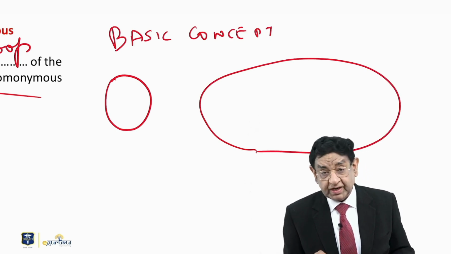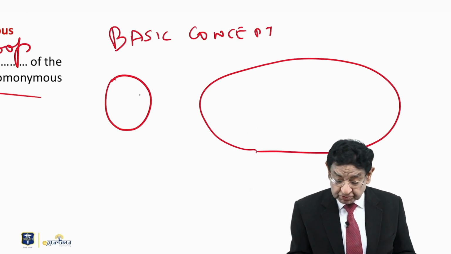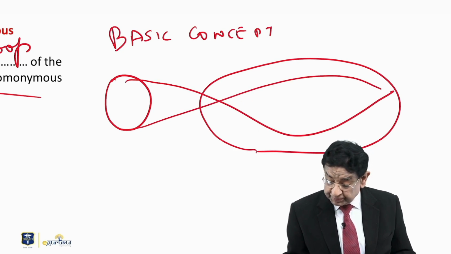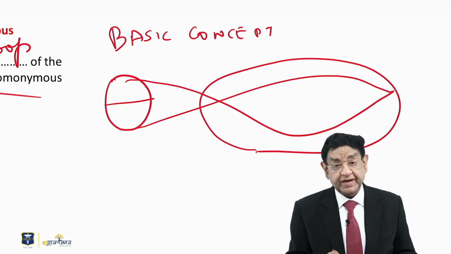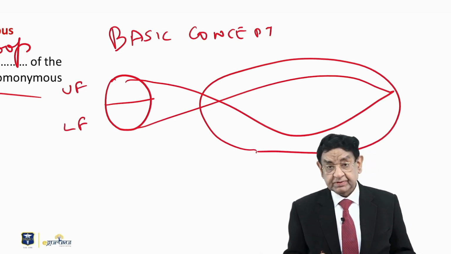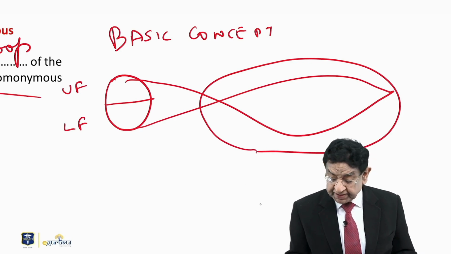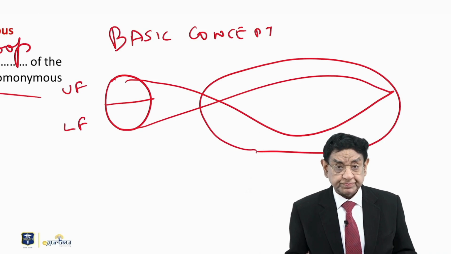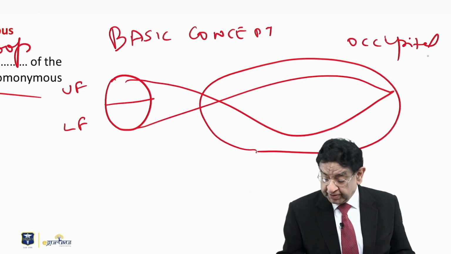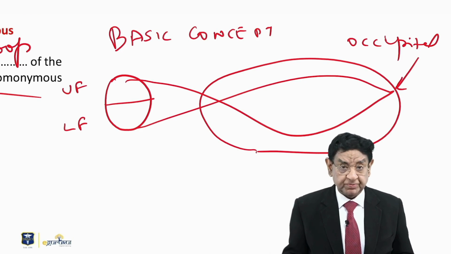Ultimately, whatever goes from the optic nerve, this is the upper field, and this is the lower field. The upper field fibers travel through the temporal lobe and ultimately all go to the occipital lobe. We know very well the area of vision is the occipital lobe.